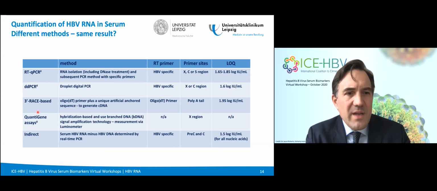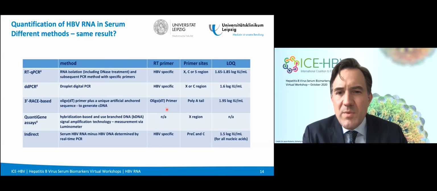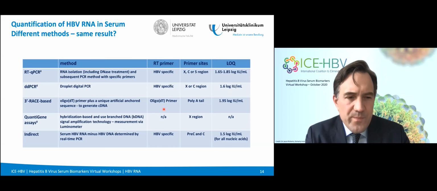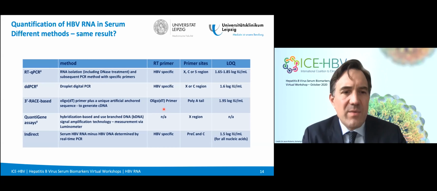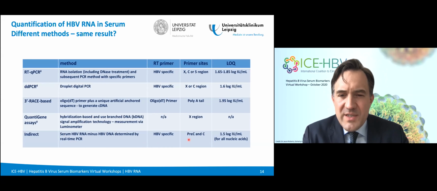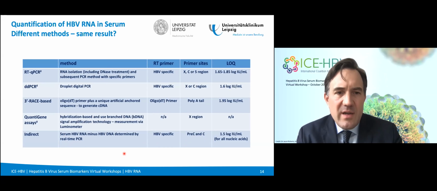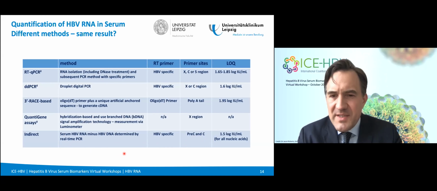There's the 3' RACE-based PCR with oligo-dT primers that does not include DNase digestion, DNA removal. There's a Quantigene assay, and there are indirect measures over pre-core and core regions that have been published. So almost everything is based on PCR.